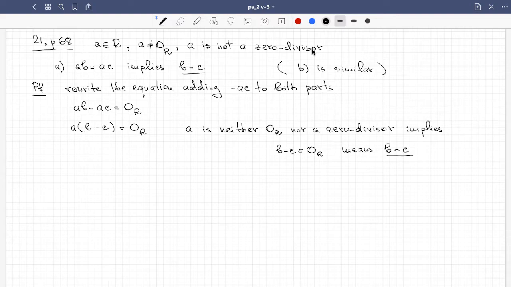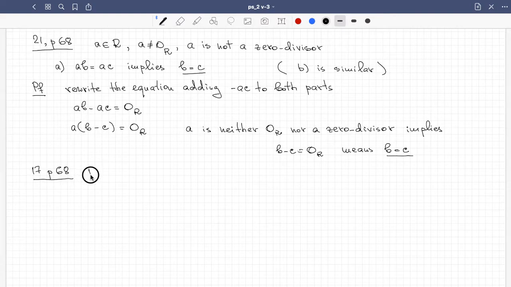Another problem in this connection, 17 on page 68, tells us that no unit is a zero divisor.